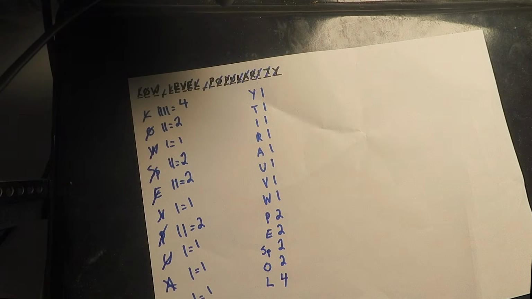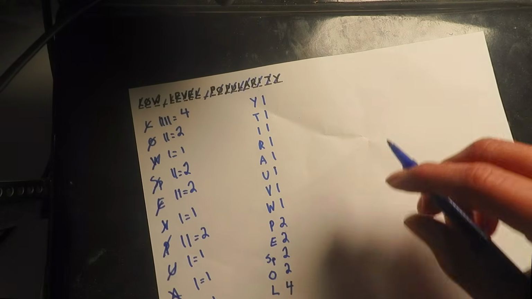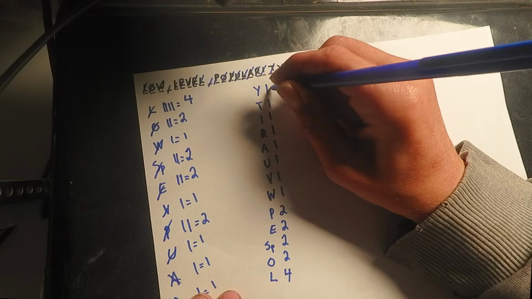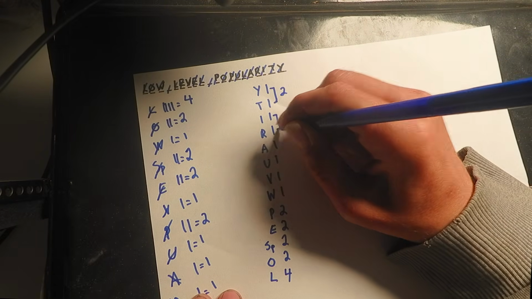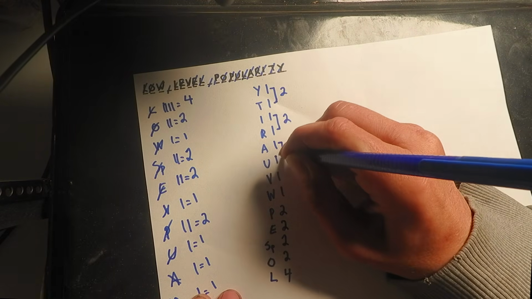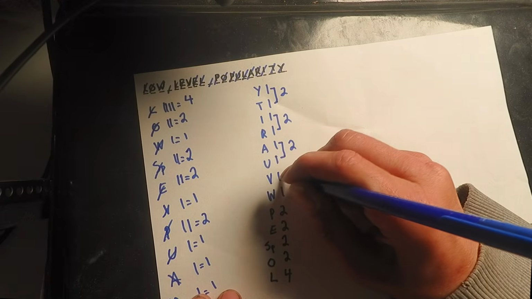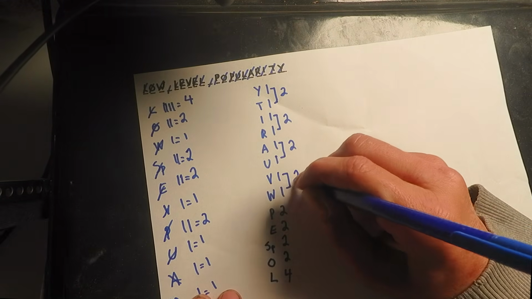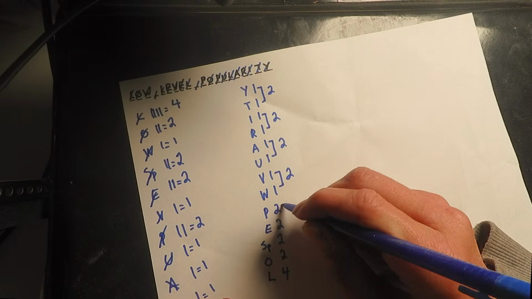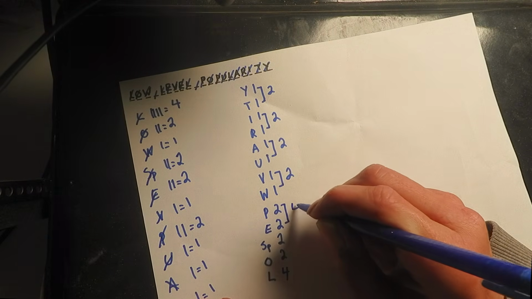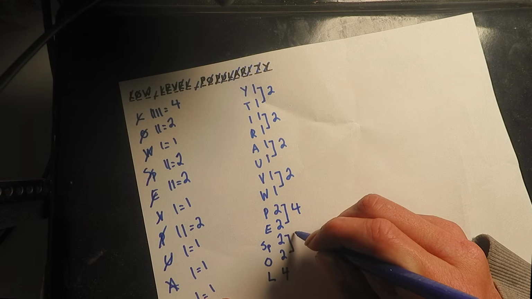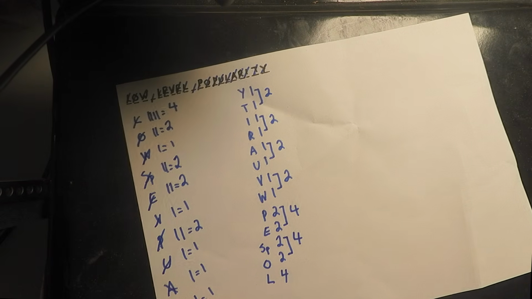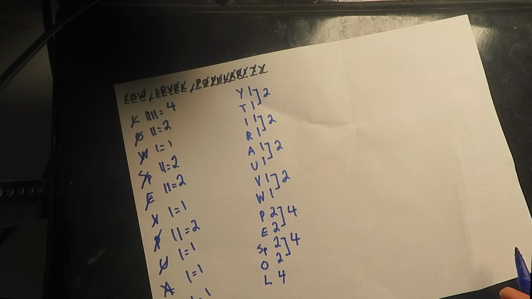And we try to make the sum of the frequency as small as possible. So these two become 2, and same here. And these two here become 4. And same with those. And this will be on its own for now.